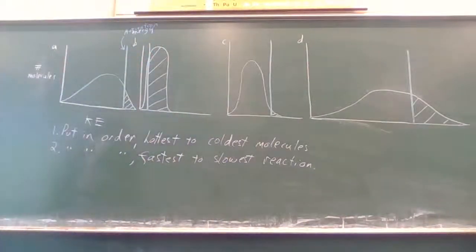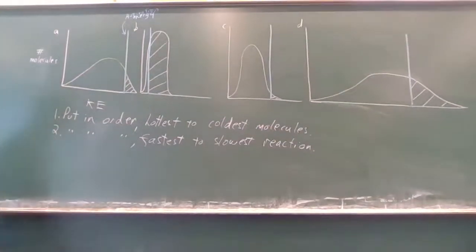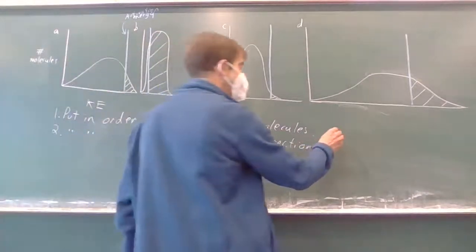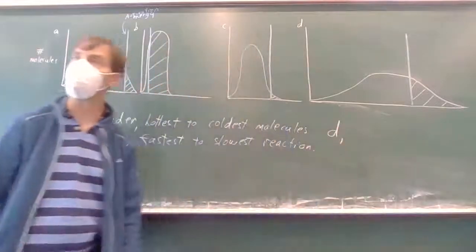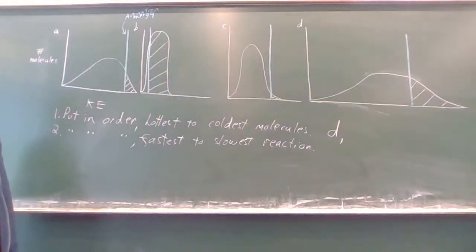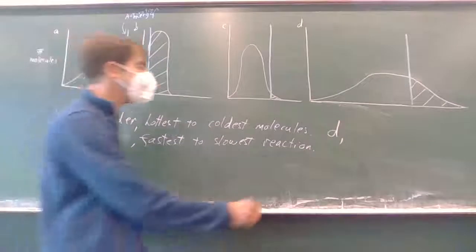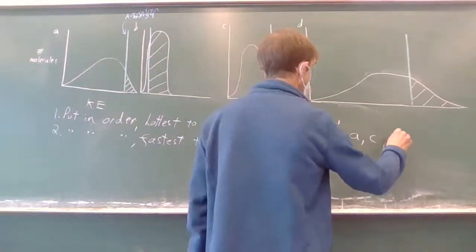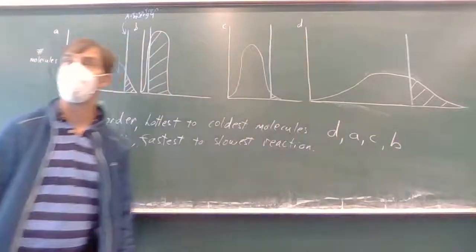Everybody got some guesses? Looks like. All right. How about hottest to coldest? David, which one do you think's the hottest? D. Want to give me the rest of your order? D, then A, then C, and then B. I like it.